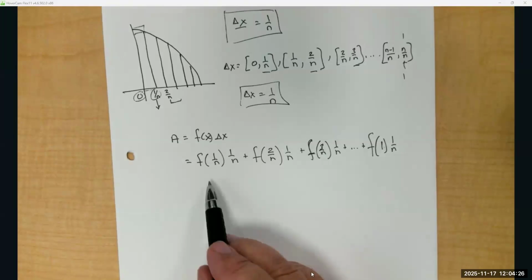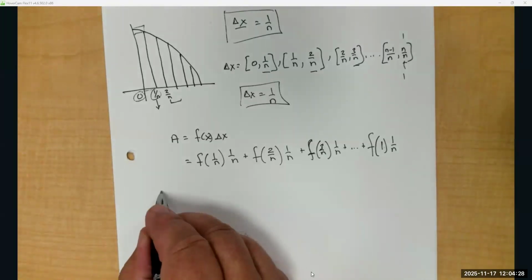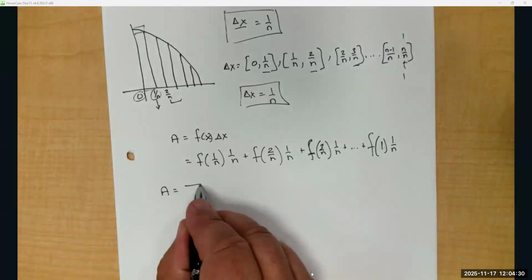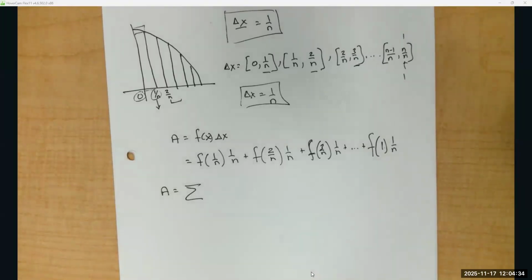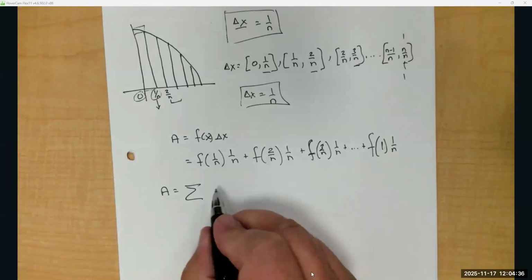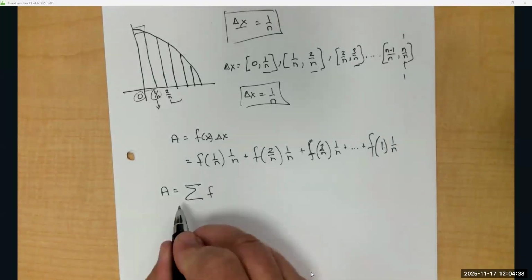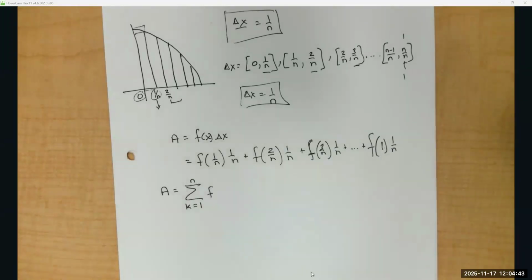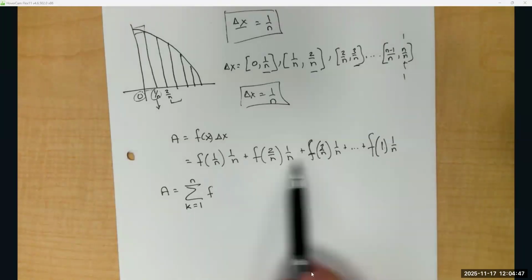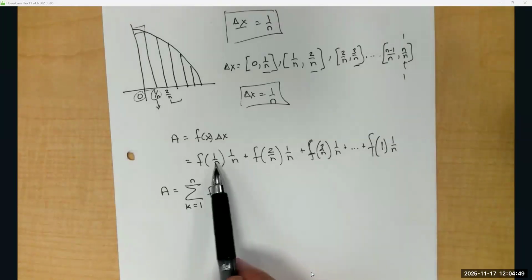Because now, if you look at this, the area function can now be represented by a summation symbol, where k starts off at 1 and goes to n. So what's the only thing that changes in this pattern here?